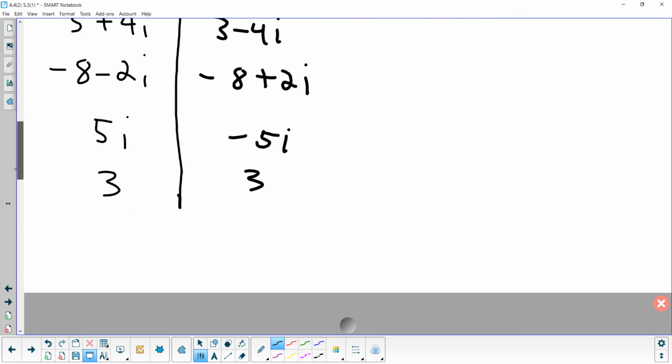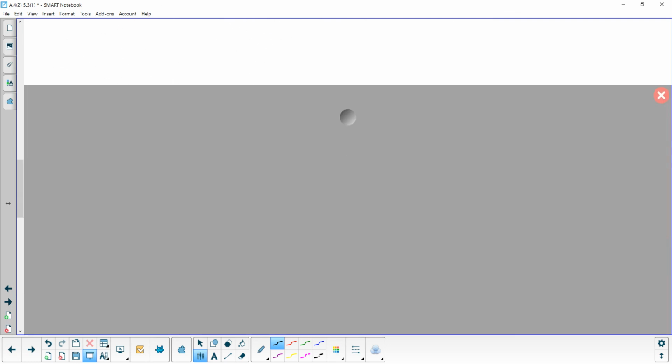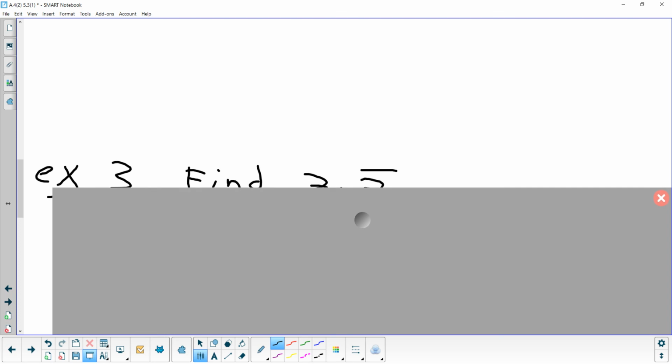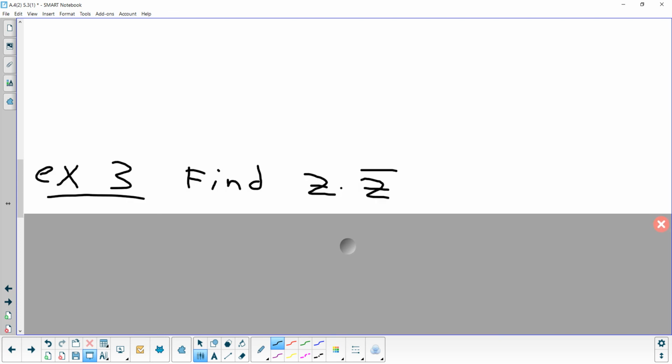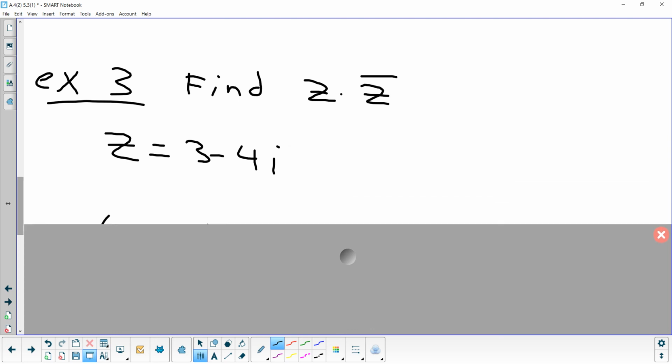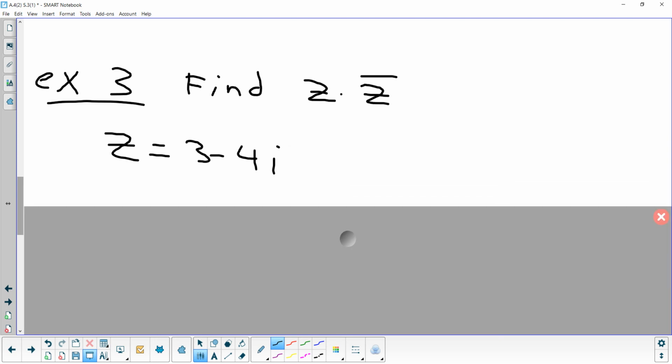All right. Now, let's see what happens when we do another multiplication problem, but we're going to multiply a number by its conjugate. So we're not just going to do any random problem. We're going to do a number times its conjugate. They gave me the number 3 minus 4i.